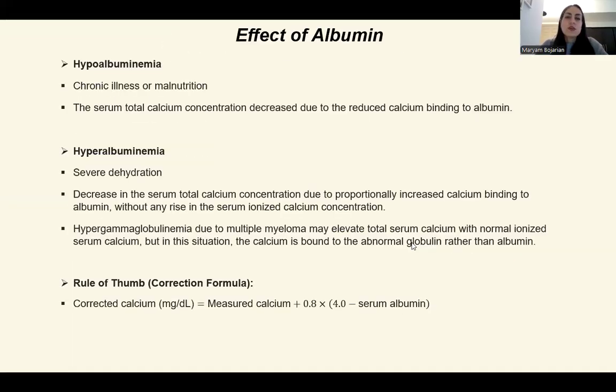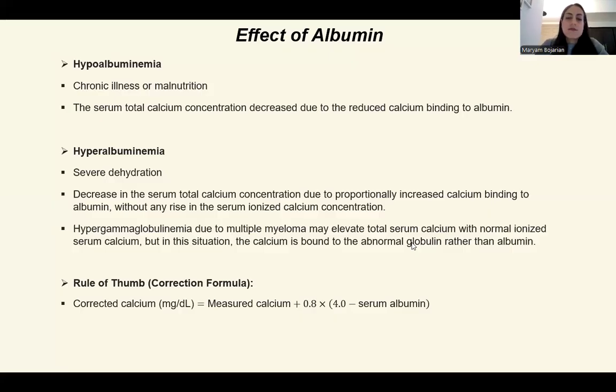Also, as I mentioned, about 40% of calcium in the blood is bound to albumin. When albumin is low, a situation we call hypoalbuminemia, for example in the setting of chronic disease or malnutrition, the total calcium appears low even if the biologically active ionized calcium is normal.